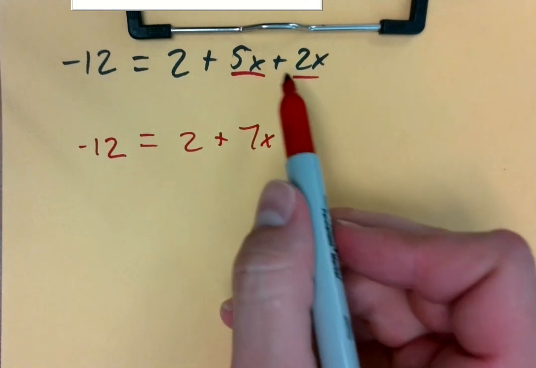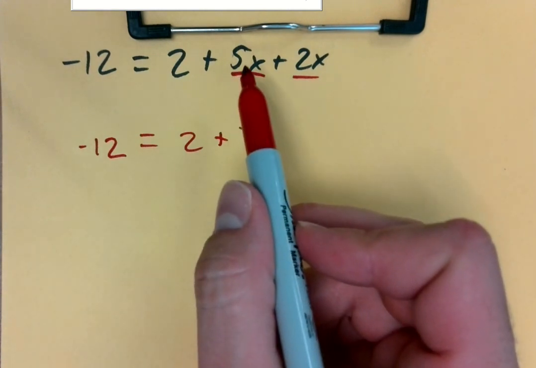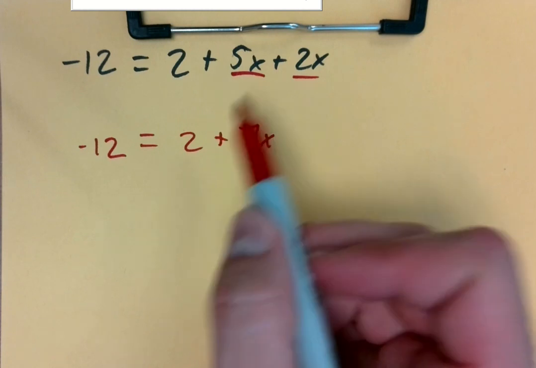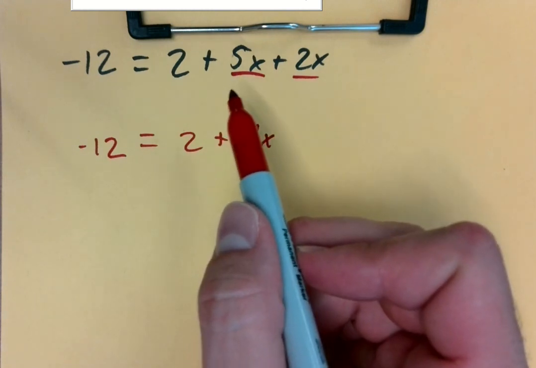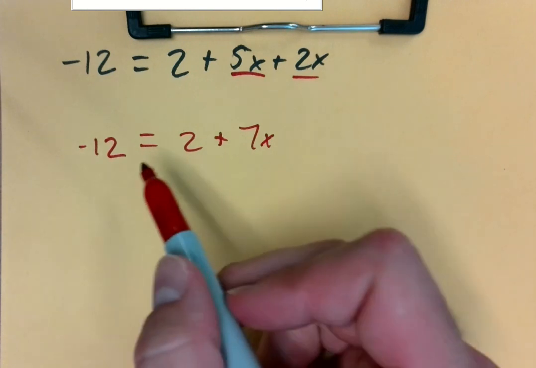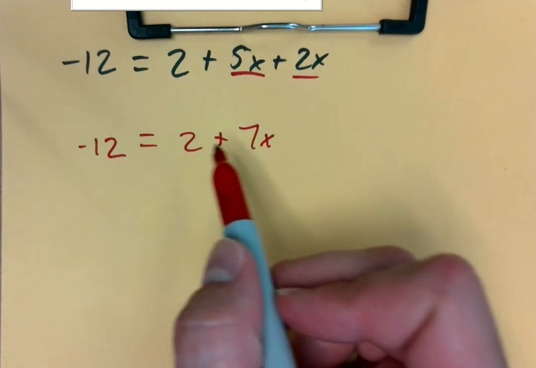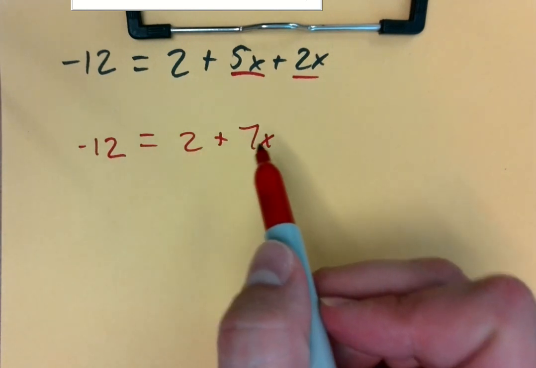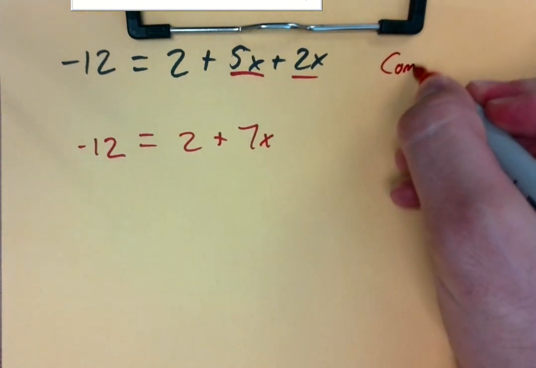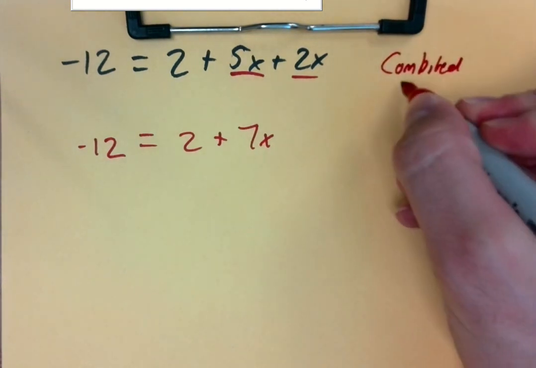And now sometimes you'll have on the first step a parentheses to where you may have to distribute, that sort of thing. So sometimes that's your first step. But generally here, or in this case, I'm going to combine like terms. Now my next step here is going to be to get the variable by itself, so to get x by itself. So here I combined like terms.